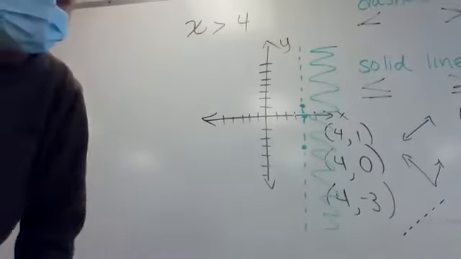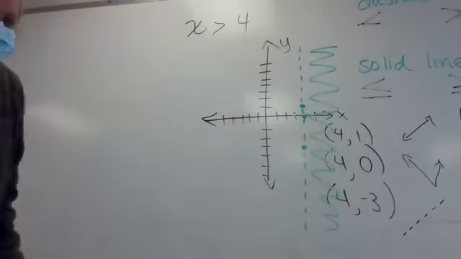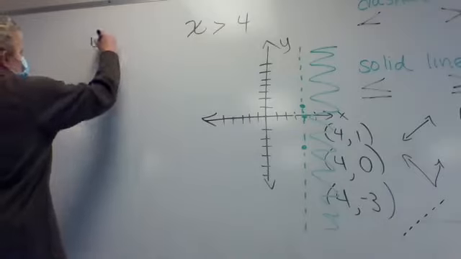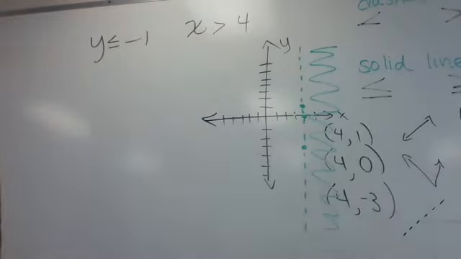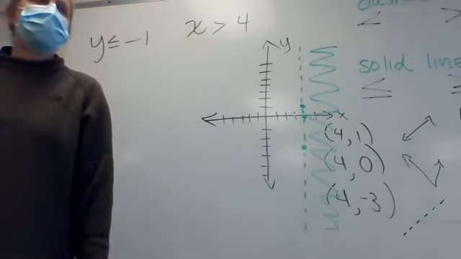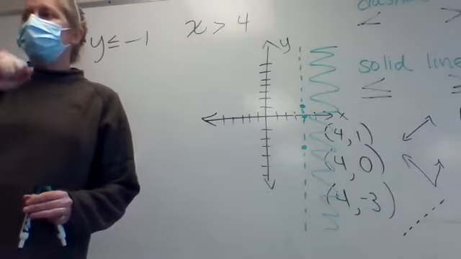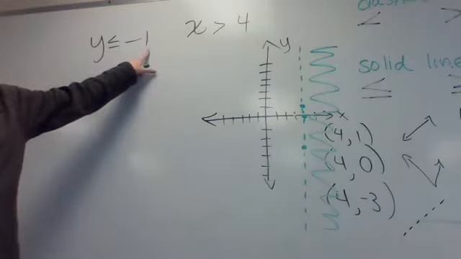Okay, I'm going to put number 4 just right up here next to it just to compare them. This one says y is less than or equal to -1. So this one doesn't have any x values, or in other words, it doesn't care what x is. But every single point that you put on the graph, the y needs to be -1.